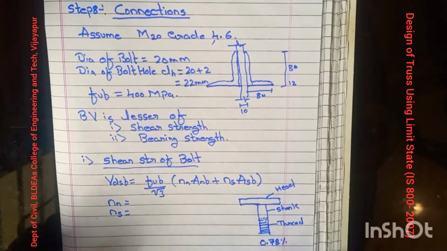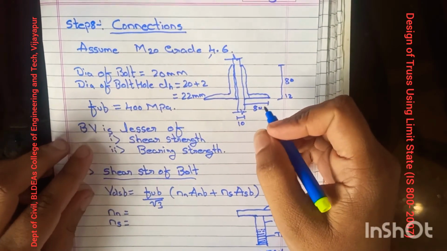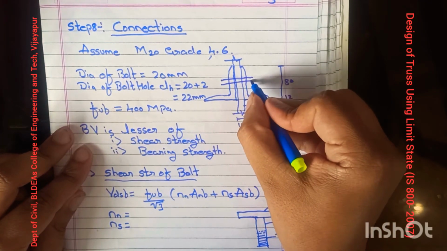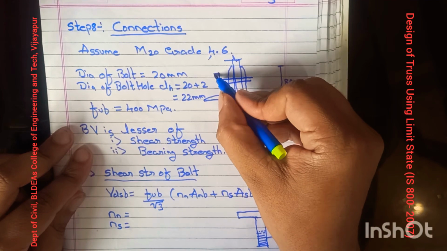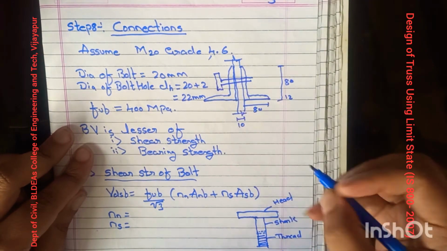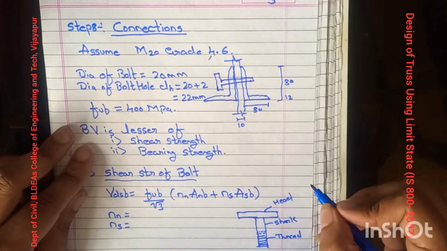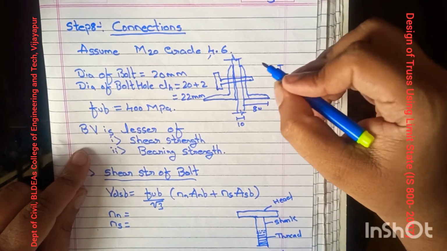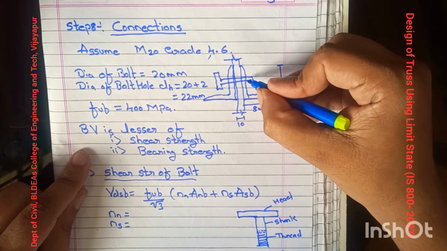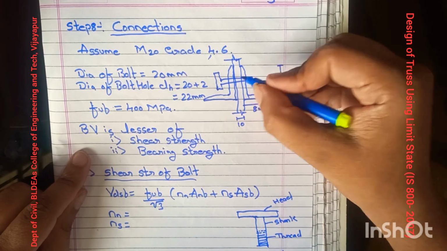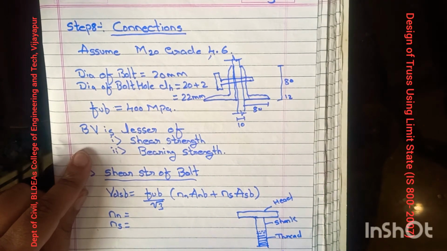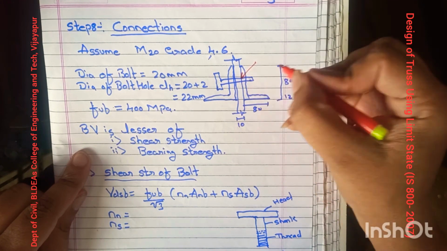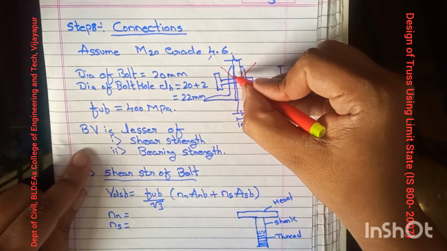Now when I put this bolt in the drawing here, this is the bolt we have, this is how I am doing the connection. When these angles are loaded, there are chances that this bolt will cut at this location, or it will cut at this location.